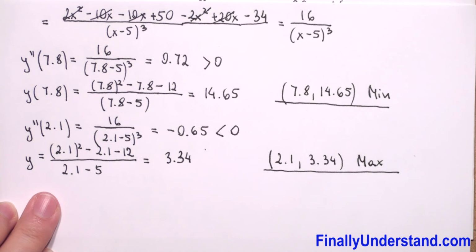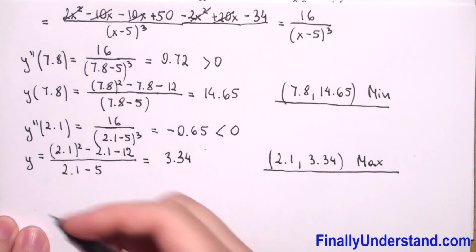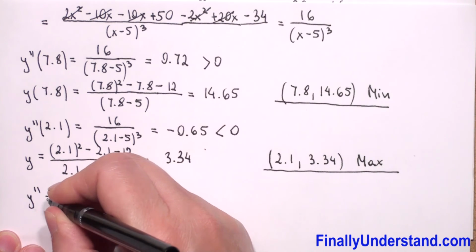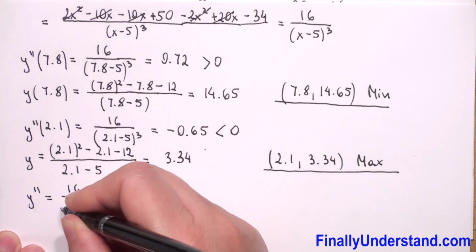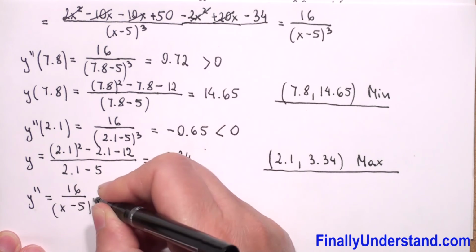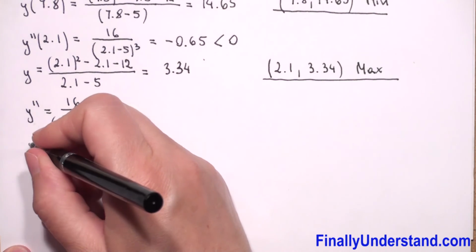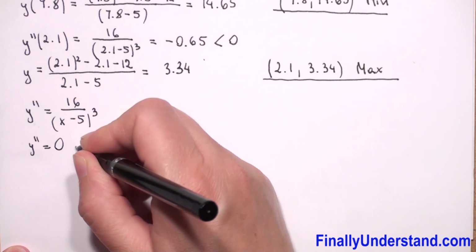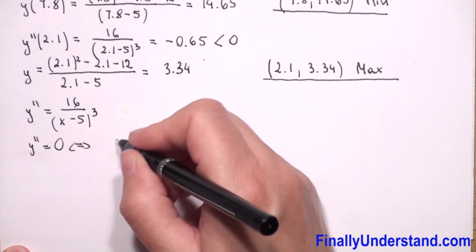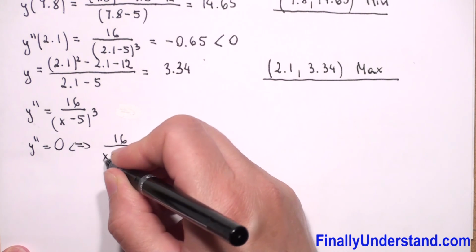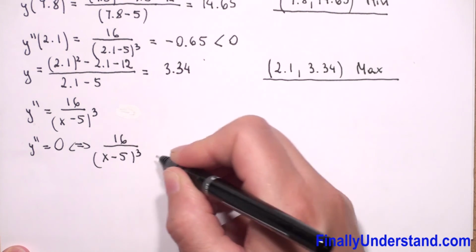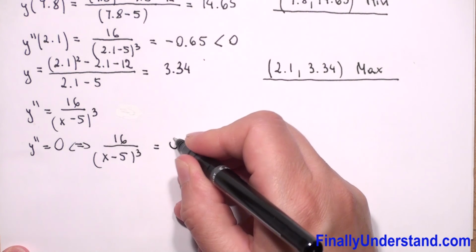Now we have to check if our function has an inflection point. To check if the function has an inflection point, we have to set our second derivative to 0. Our second derivative formula was 16 over x minus 5 to the third power. So the second derivative is equal to 0 if and only if 16 over x minus 5 to the third power must be equal to 0.